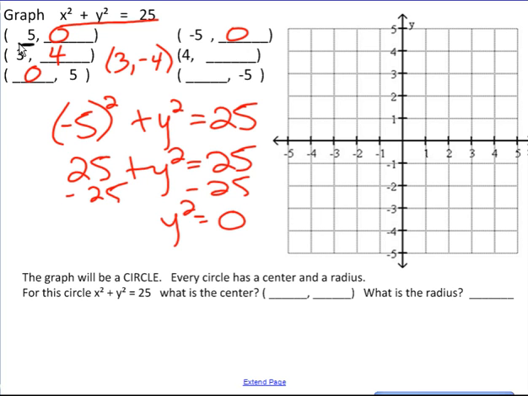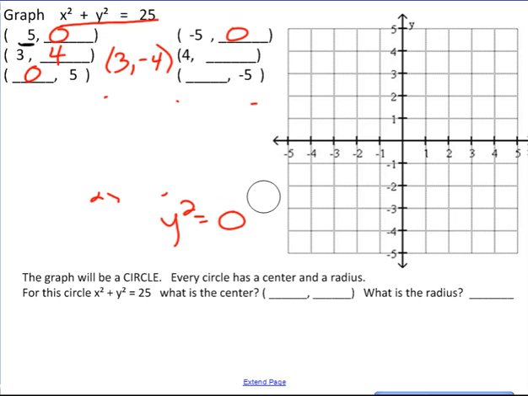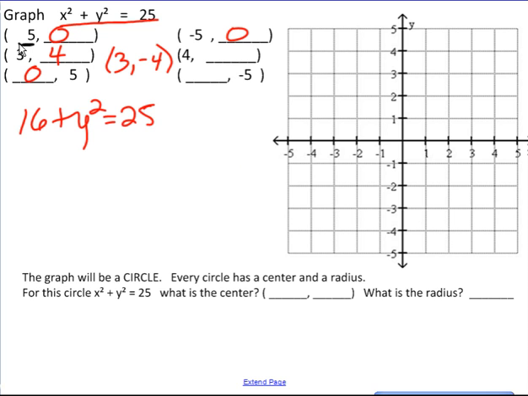Okay, 2 more. If I plug in x is equal to 4, I'll do this real fast. x squared is 16. Subtract the 16, I get y squared is equal to 9. Take the square root, and I get y is equal to plus or minus 3.